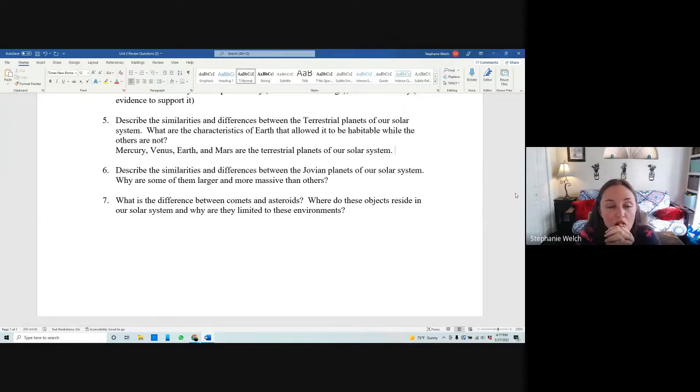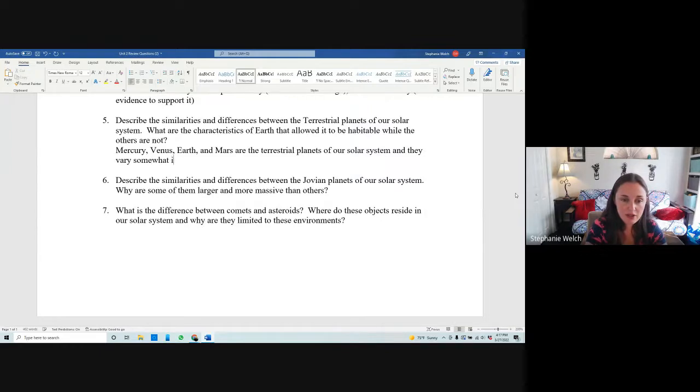And when you start talking about their similarities and differences, probably the most stark difference is in terms of size and mass. And they vary somewhat in terms of size and mass.